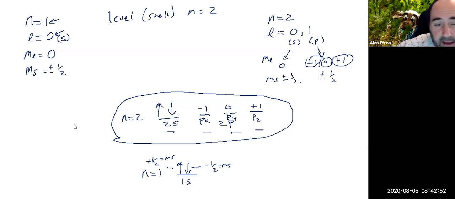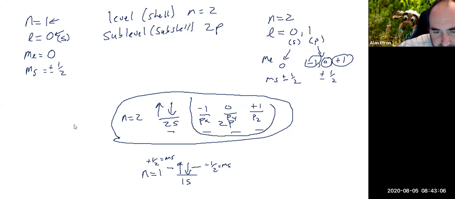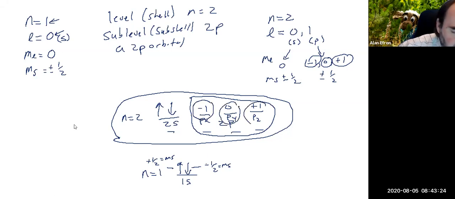Now, if we're talking about a subshell or a sublevel, like a 2p subshell, what we're talking about is specifically just these guys here, which would max out at 2, 4, 6 electrons. And if we're talking about just a 2p orbital, the maximum electrons would only be 2, because it would be either the 2 electrons in this one, the 2 electrons in this one, or the 2 electrons in that one.